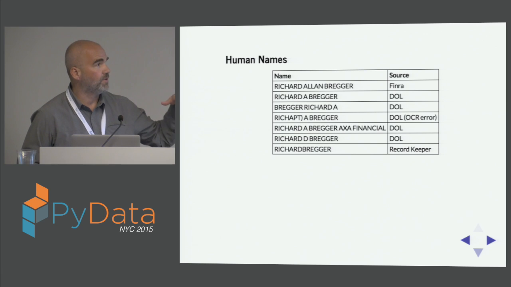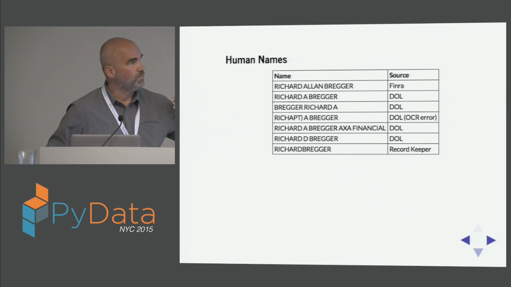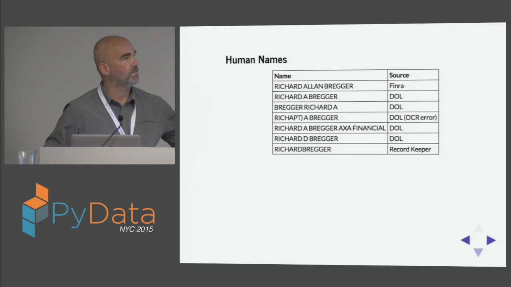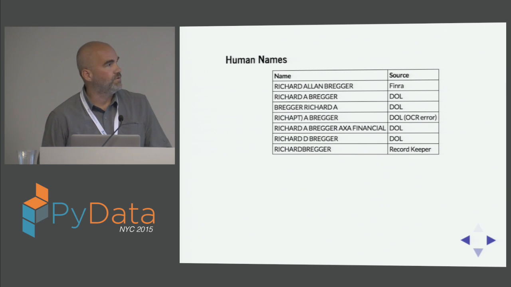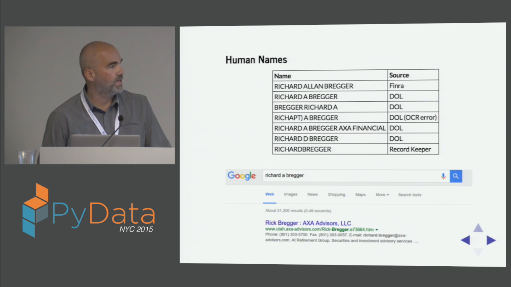You can see some of the common things. People make mistakes. There's OCR errors. They concatenate things together. And then the kicker is if you Google for this guy, he actually goes by Rick, which again is a tricky thing with human names.